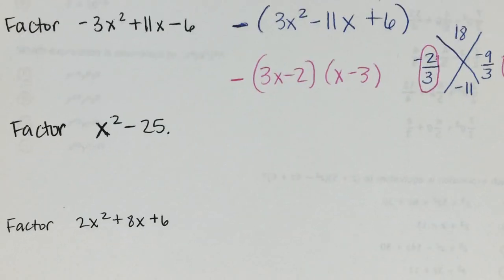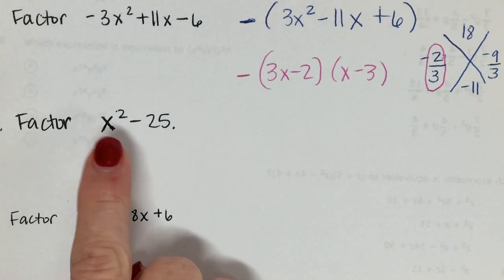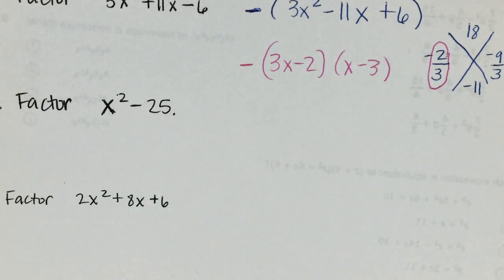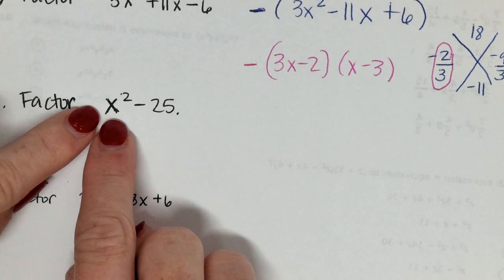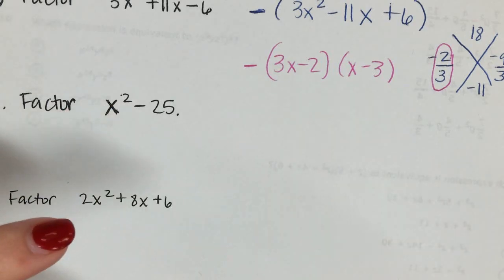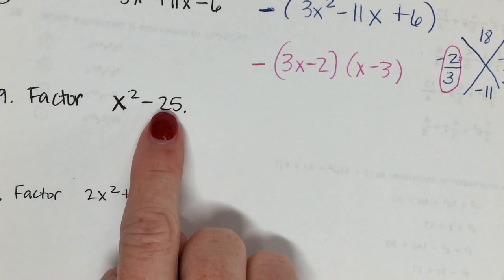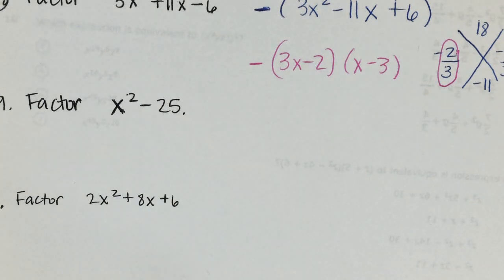Okay? Now, this one is called the perfect square binomial. Do you see if I square root the x, y'all agree x squared, if I square root it is x, because x times x is x squared? Is 25 also a perfect square? What's the square root of 25?